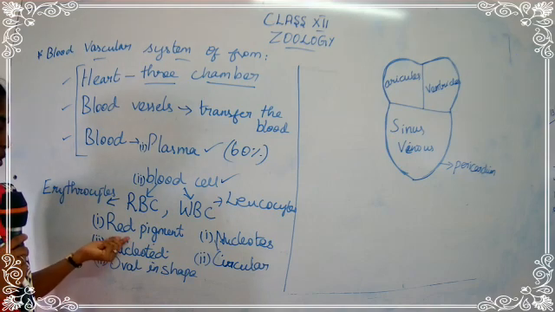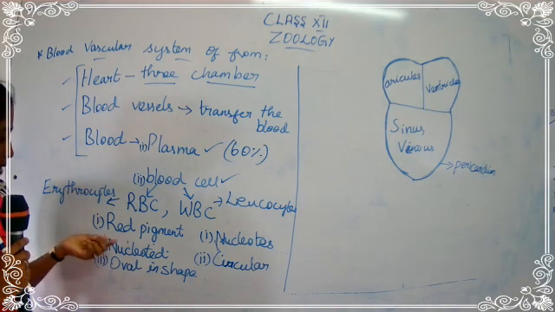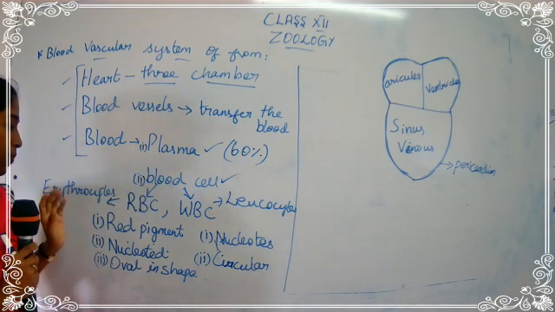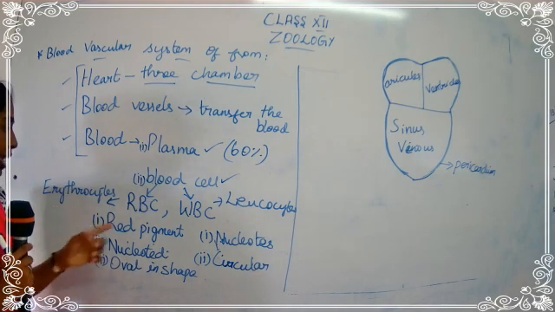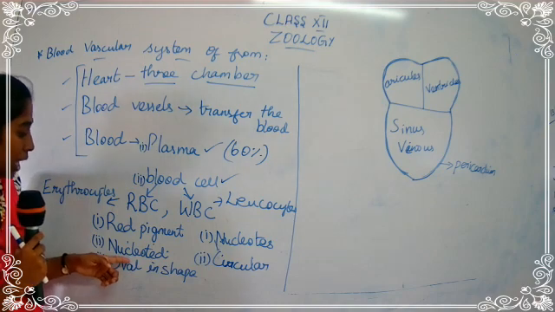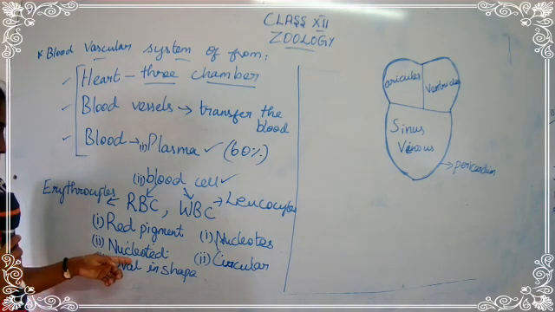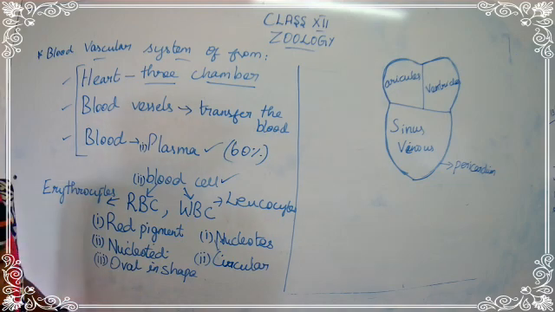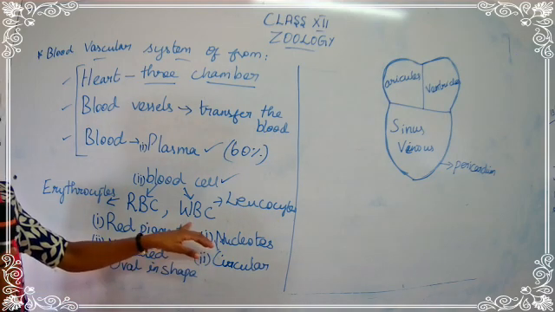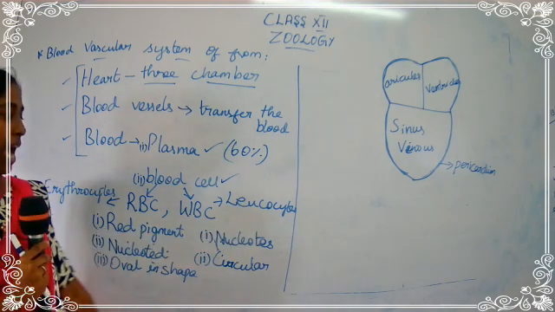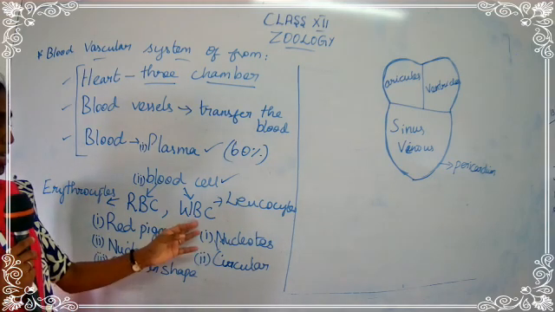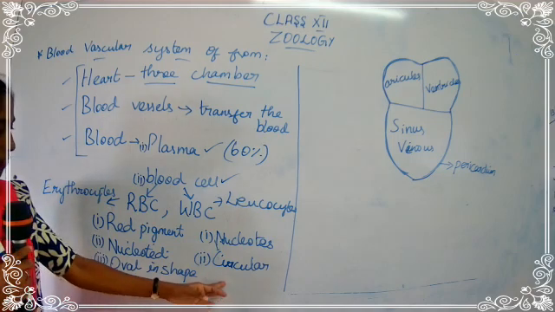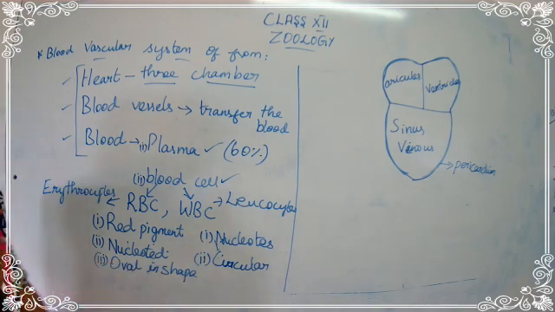This pigment is responsible for the color of blood. Then RBC consists of nucleotide and the shape of the RBC is oval. Likewise, WBC consists of nucleotides and the shape of the WBC is circular.